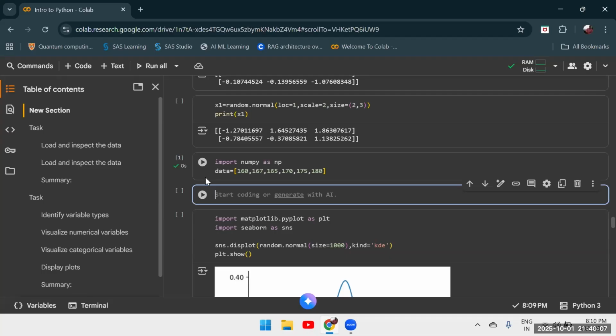Where will you deploy this one, sir? Generally, we first create a model. Not only one model will directly fit, so you have to iterate with multiple models. One will be a normal linear regression or logistic regression.